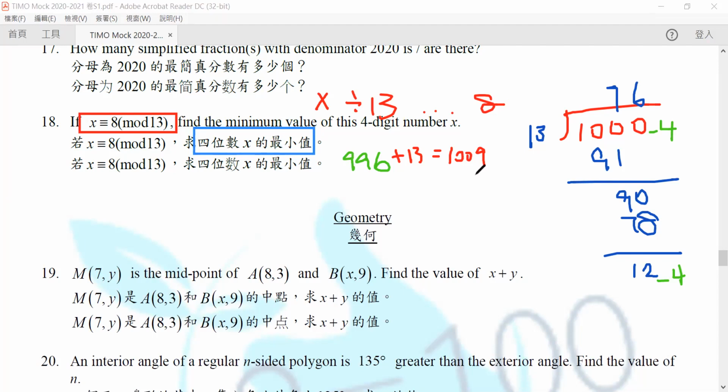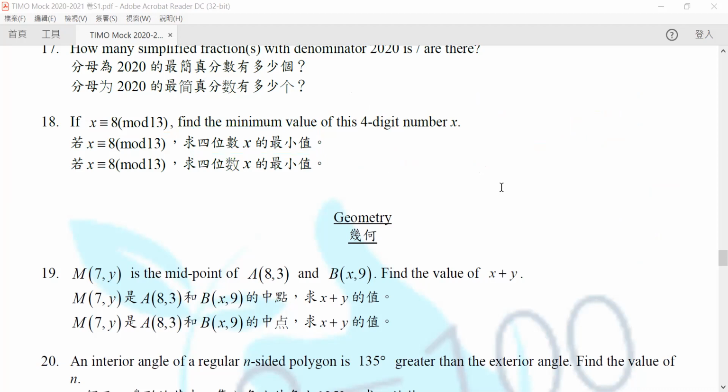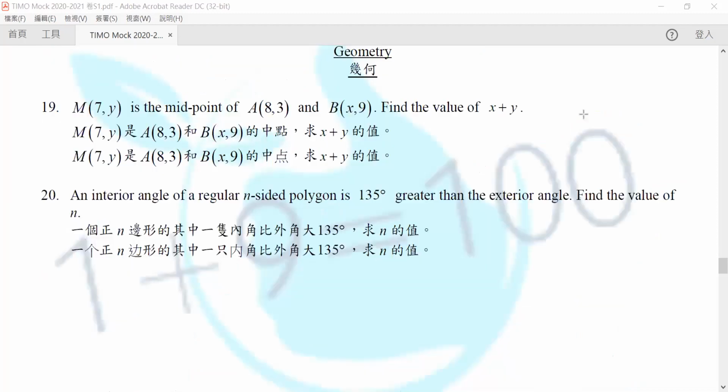All right. So now let's talk about geometry. Okay. So in here, we have a 9. We have a 9 from 7 to 8.